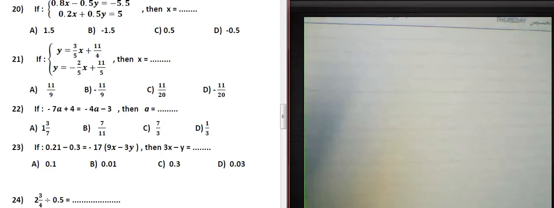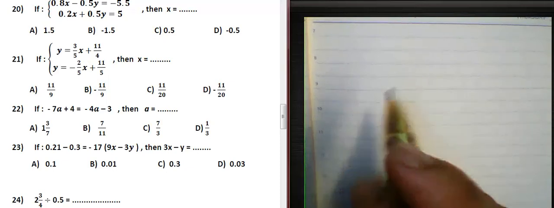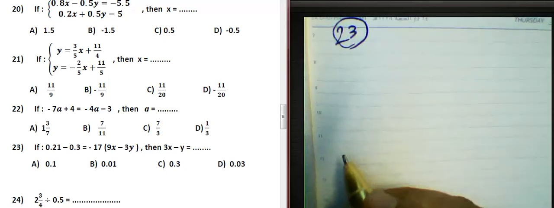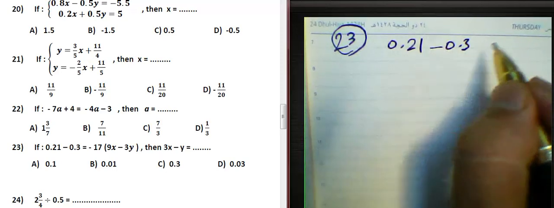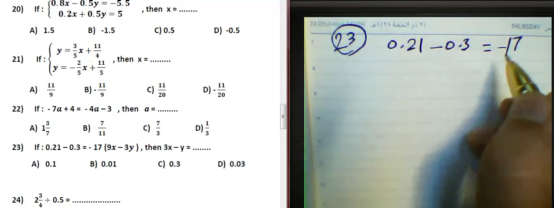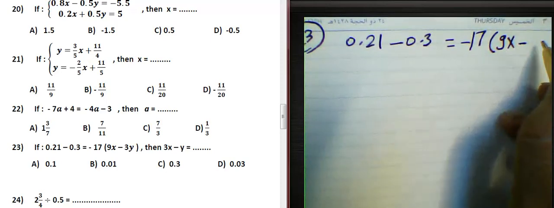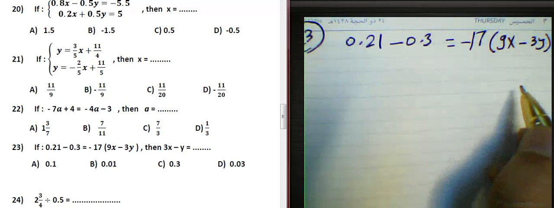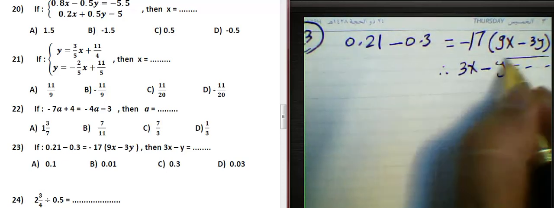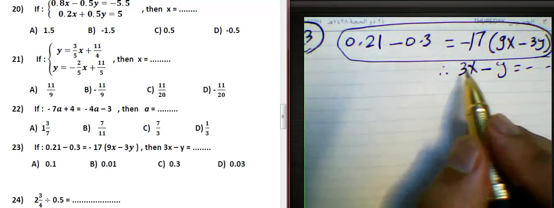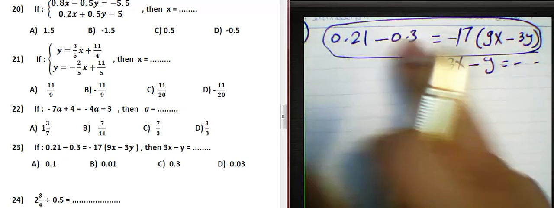And question 23, look at question 23. If 0.21 subtract 0.3 equals negative 17, multiply by 9x subtract 3y. We want to find 3x subtract y equals what. Look at this example. We can find this expression by dividing by 3 on the left hand side and right hand side.